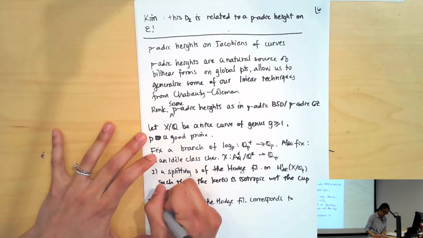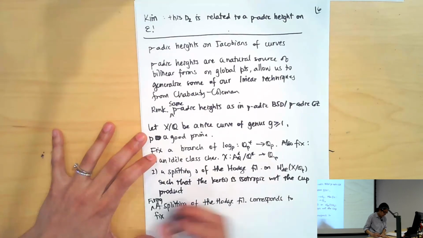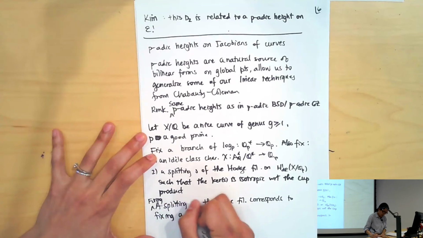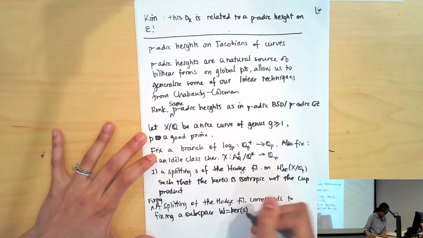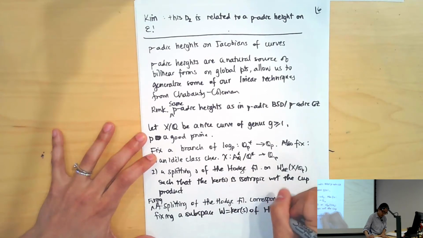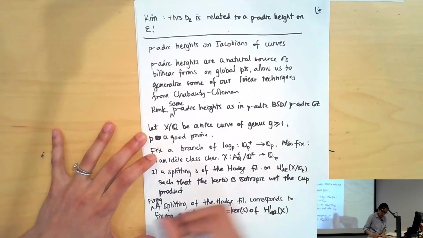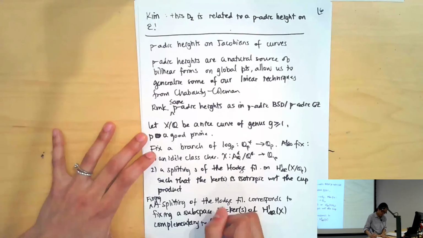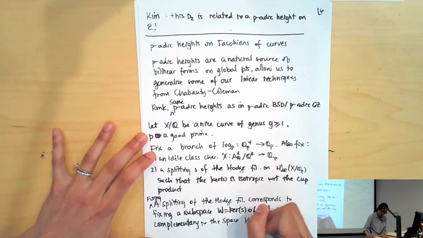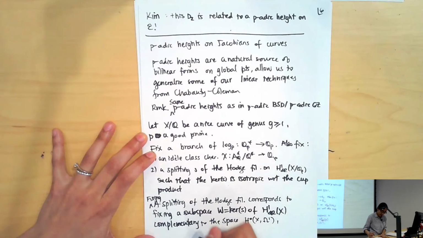So fixing a splitting corresponds to fixing a subspace W, the kernel of S of H1 de Rham, that's complementary to the space of holomorphic forms.